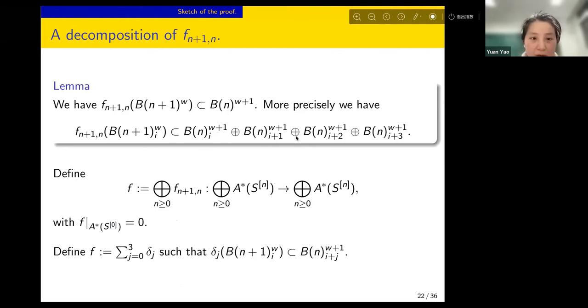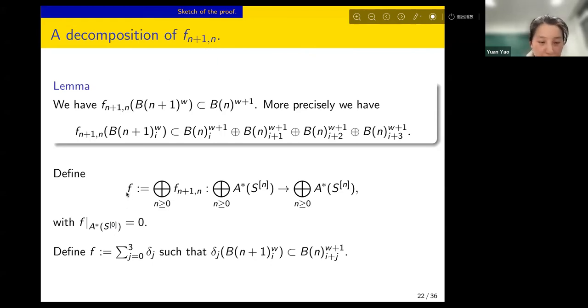So you have this map, and you get a decomposition for this map, delta 0 to delta 3. So theta 0 can at most increase by 3, the number of theta 0. Okay, so now we get the decomposition for this F n plus 1 n.